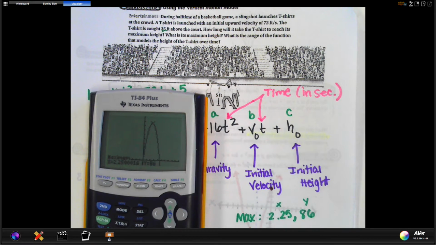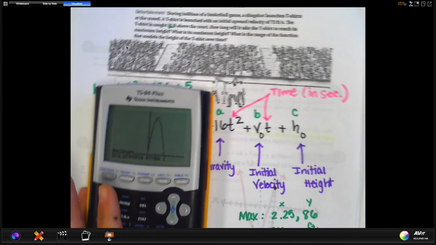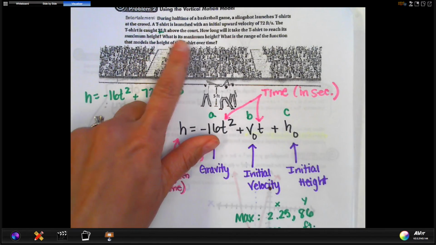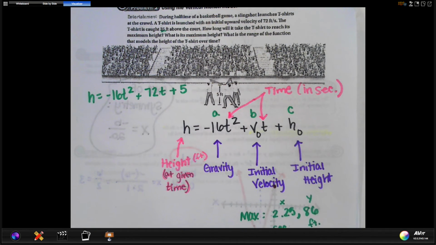What do they represent? Is 2.25 going to be our time in seconds, or is that going to be our height in feet? Time. This is our seconds, which means 86 is our height in feet. So our first question was, how long will it take the t-shirt to reach its maximum height? 2.25.